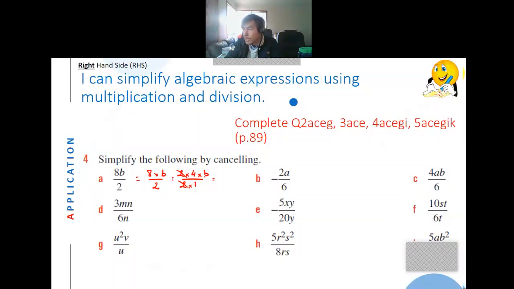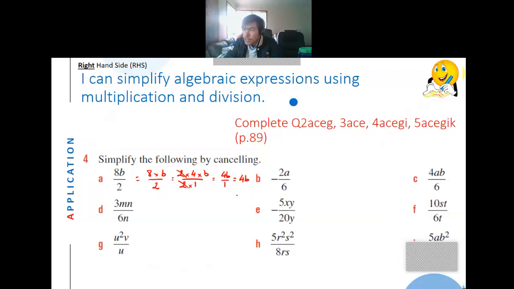So you're dividing by the common factor. Okay, and then we're just going to have a look at what we have left. So with A, well, we've got 4 and B at the top and 1 at the bottom. And well, we don't have to write the 1 at the bottom, so we can rewrite it as 4B.